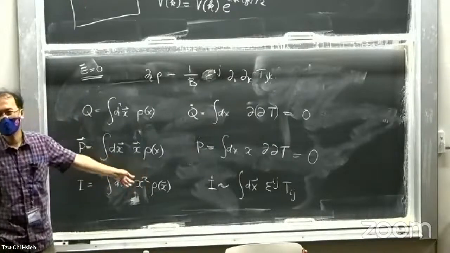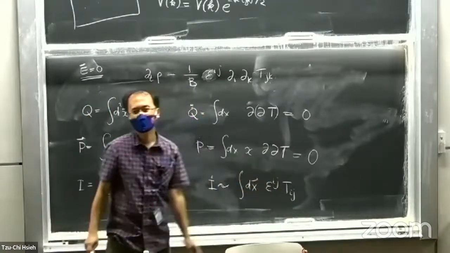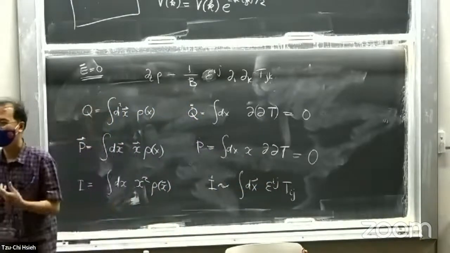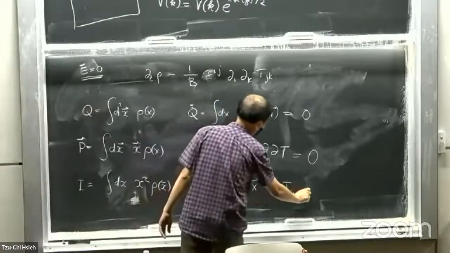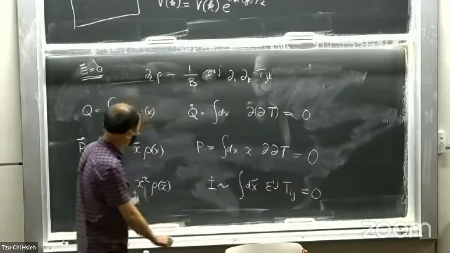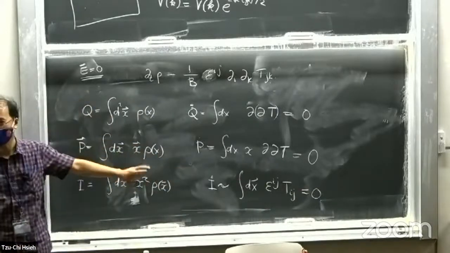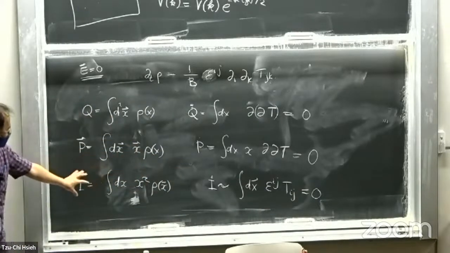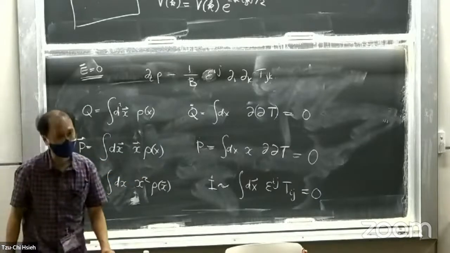So you get a constant, but it turns out that this constant is epsilon ij times Tij, and the stress tensor is symmetric, so this is zero. This derivation is similar to the derivation of the conservation of angular momentum. This quantity is also constant.